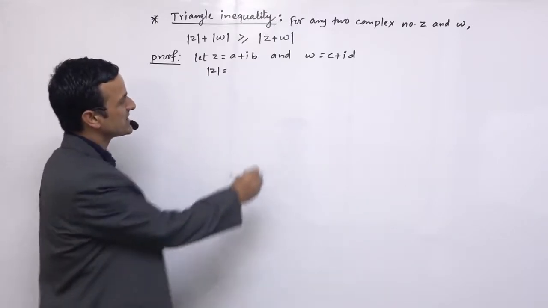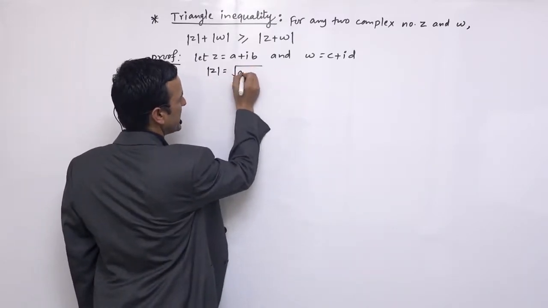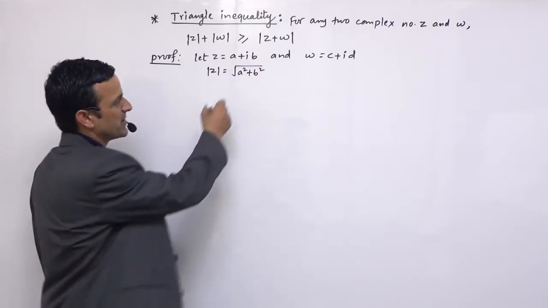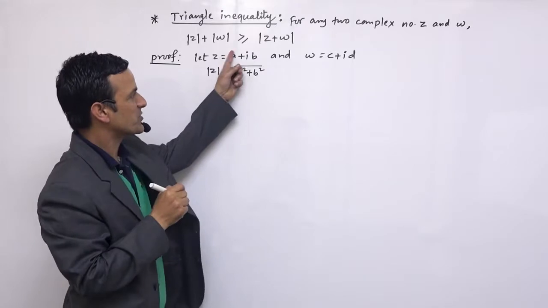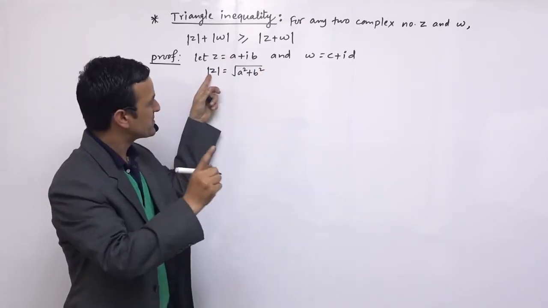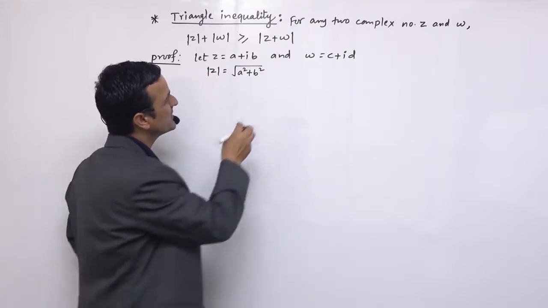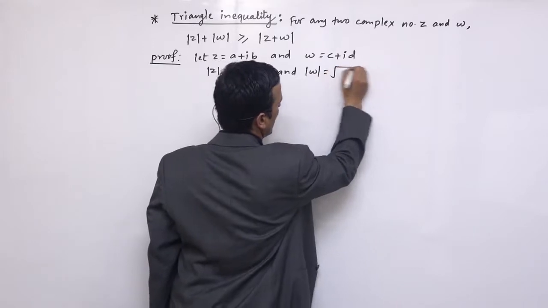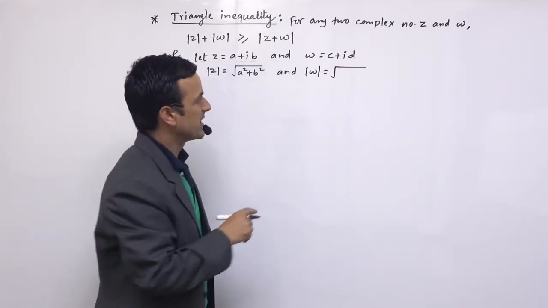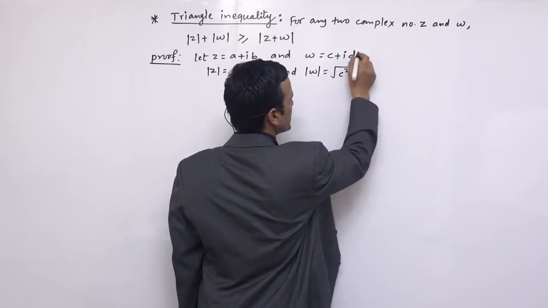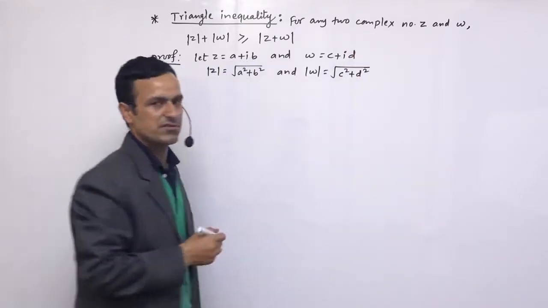How to find modulus z? It will be root under a square plus b square, which we have studied before: real part square, imaginary part square, by definition of absolute value of complex number. And modulus w means root under real part square, that means c square, imaginary part square means d square.